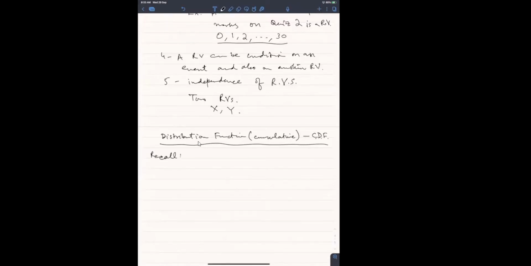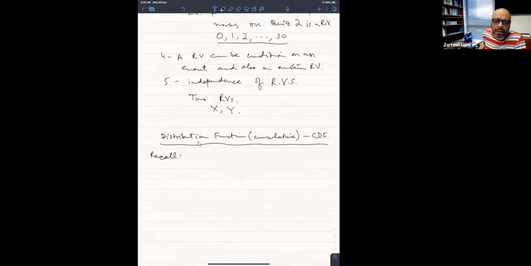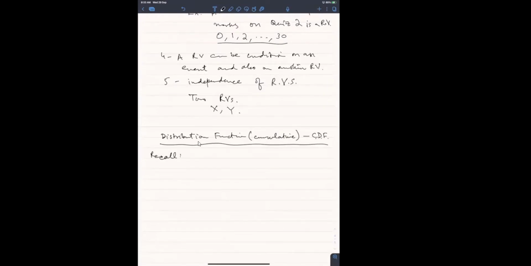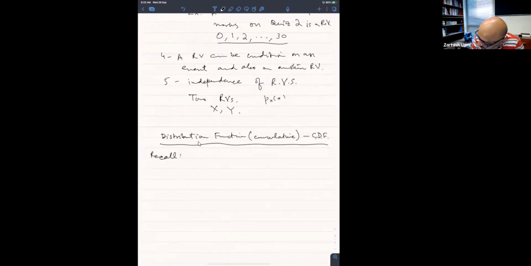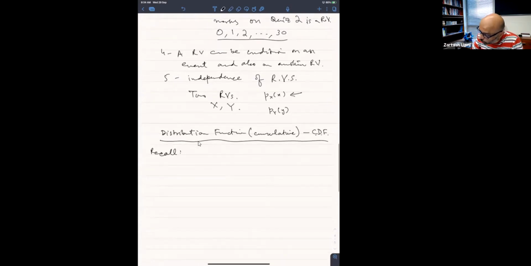Yes. You explained independence of random variables, could you repeat it a bit? You are saying that if the outcomes from the events of the two random variables are independent of each other. No, I did not say that. I am saying that X has a PMF Px of x, Y has a PMF Py of y. If I tell you that X takes a value 7, and that does not change the PMF of Y, then X and Y are independent.